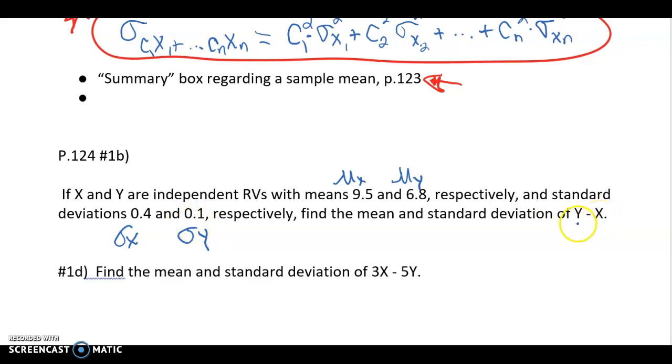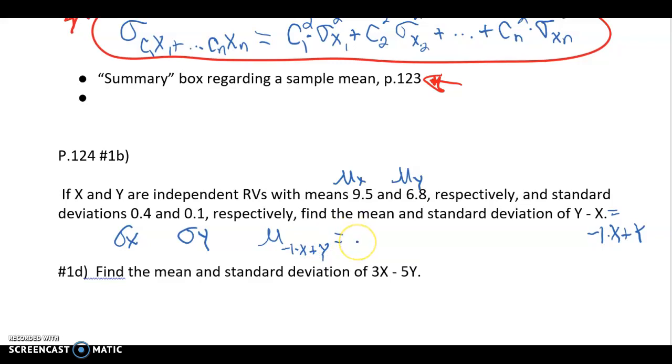By the way, y minus x is a linear combination of x and y. It's -1 times x plus 1 times y. If we want to find the mean of -1 times x plus y, go back and look up above, you have this in your notes now.